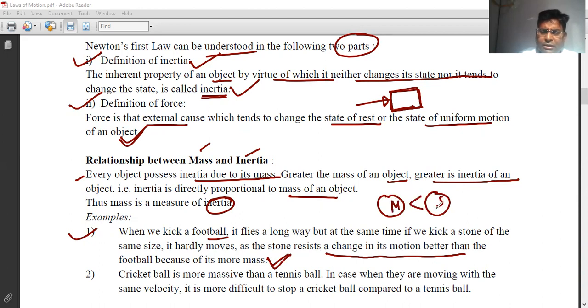So we can't kick the stone because of its mass. Inertia is directly proportional to the mass. So here the stone has larger inertia as compared to the football. So we cannot hit the stone. So this is the relation between mass and inertia. Write this one.